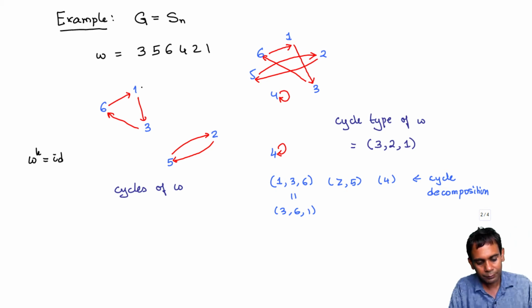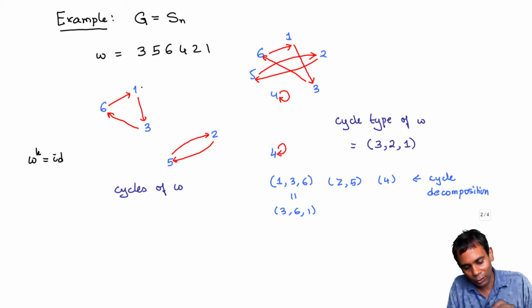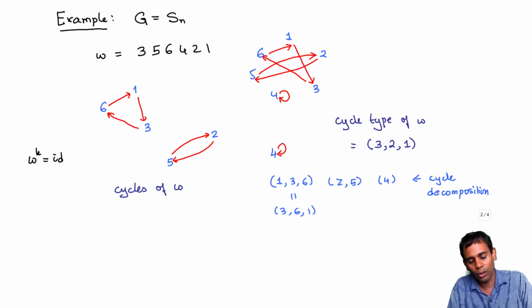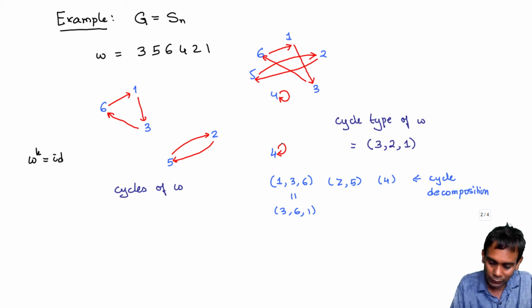W cubed will be the identity on this cycle. On this cycle, W squared will be the identity, and here W already is the identity on just the elements of this cycle. So if you want W to be the identity on all the elements of the set 1 to 6, then you need a multiple of 3 and 2.